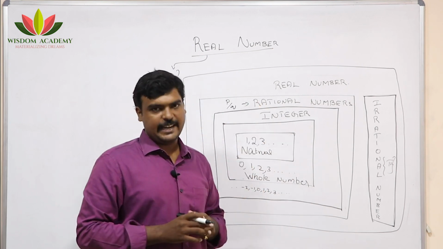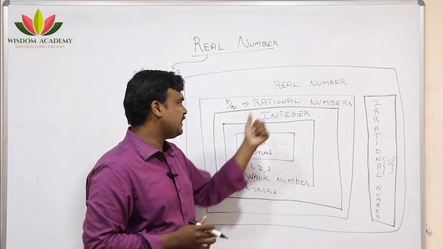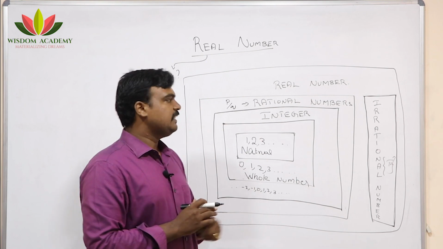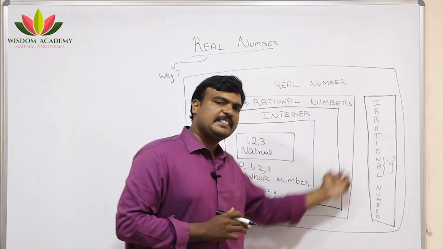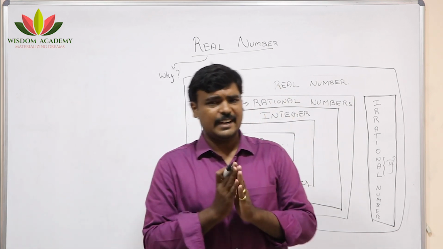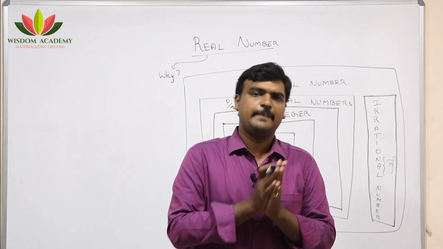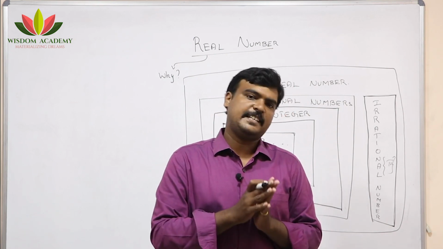Rational number is named because of the ratio. Since the numerator and denominator have some ratio, it is named as rational number. Since the opposite of rational number is named irrational number, everything else is named real number. If there is a real number, something opposite, imaginary, should be there, right? Yes, there is a number called imaginary number that you will be studying in class 11th.